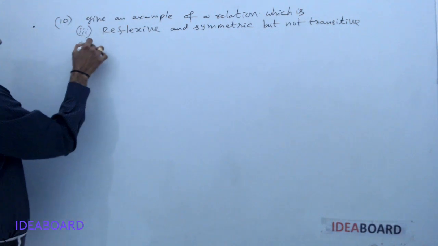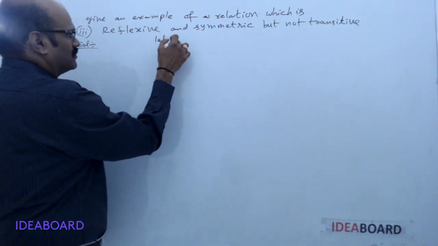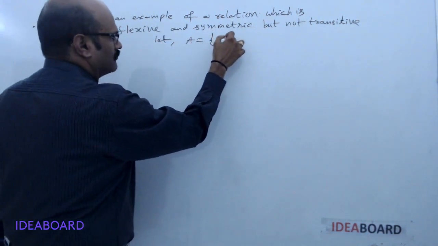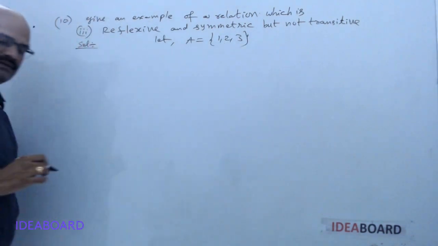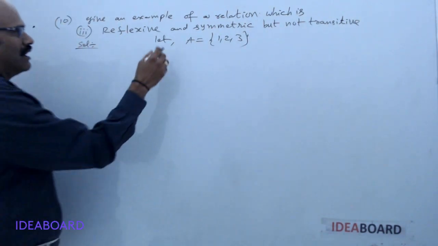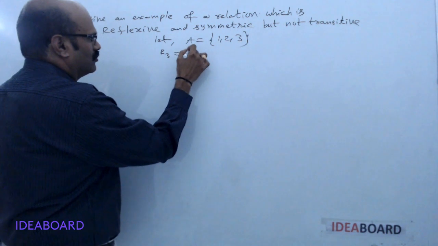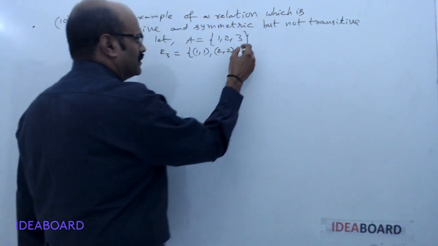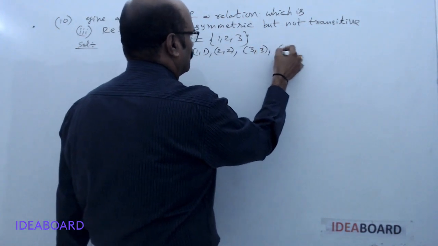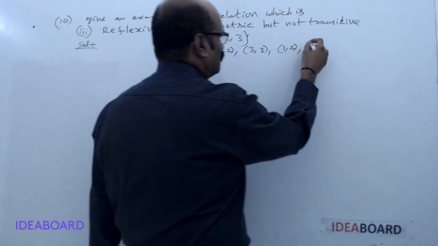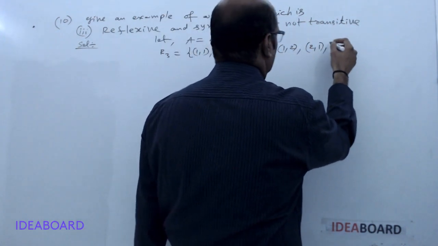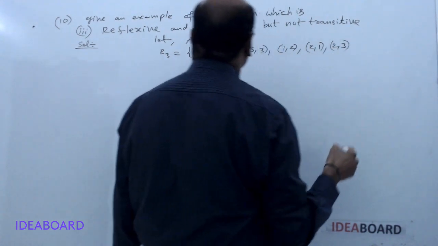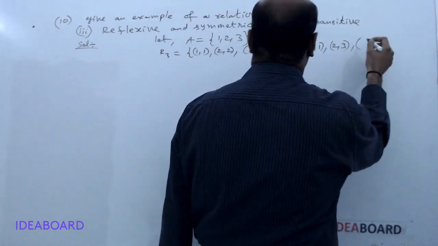Solution. Let A equal to {1, 2, 3}. Let me define the relation R3 on the set A. R3 equal to {(1,1), (2,2), (3,3), (1,2), (2,1), (2,3), (3,2)}.